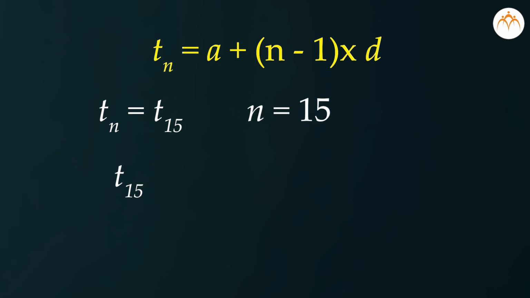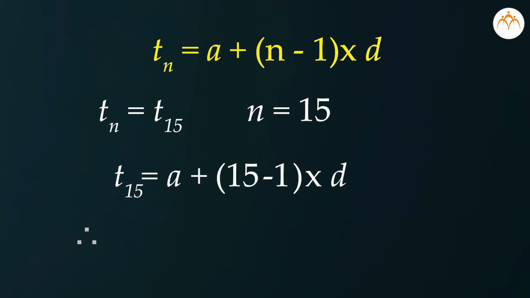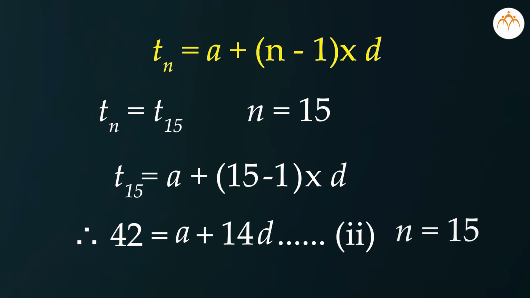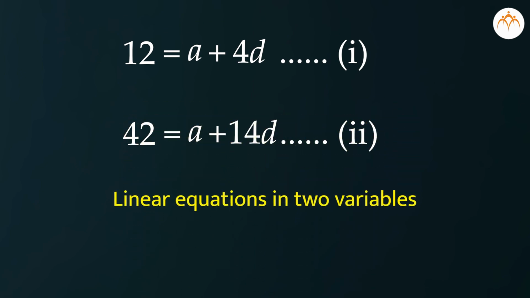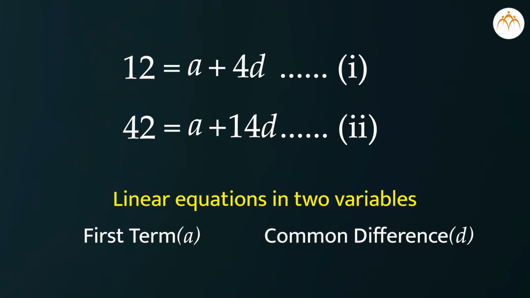Therefore, T15 is equal to A plus 15 minus 1 into D. Therefore, 42 is equal to A plus 14D. This is equation 2. Equations 1 and 2 are linear equations in two variables. We'll get the first term and the common difference by solving them simultaneously.